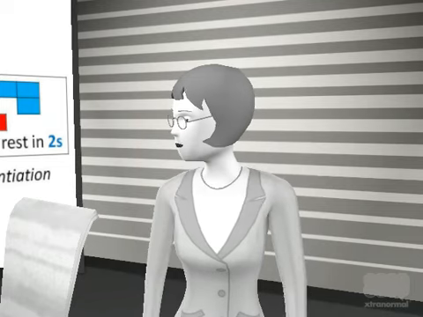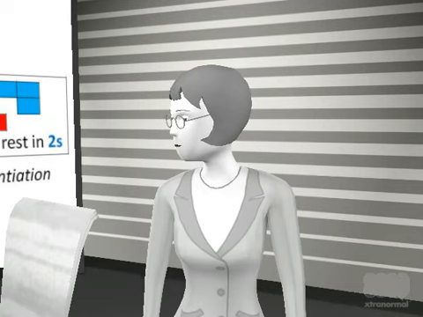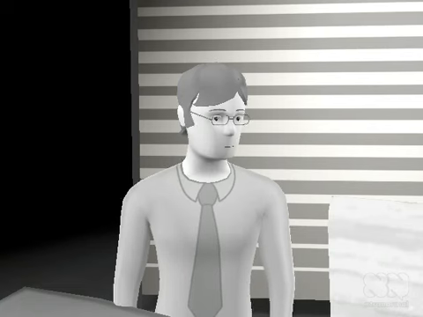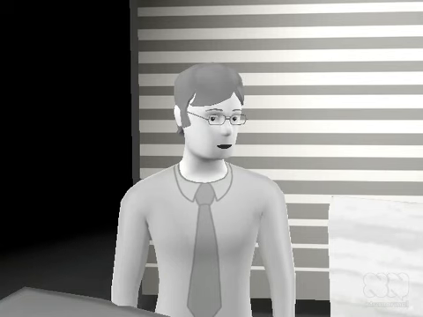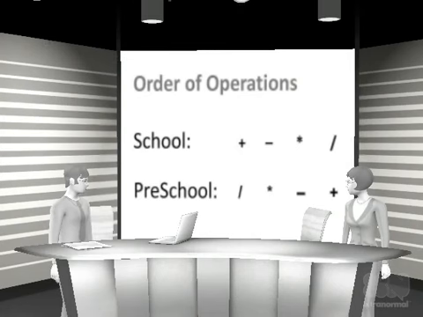Alan, it seems as if the order of operations is different in preschool and in school? Indeed it is, Bo. The traditional order is addition, subtraction, multiplication, and then division, which normally is considered the most difficult. However, totals must be counted before they can be added.